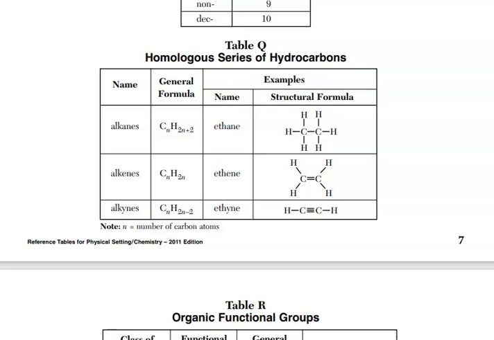So Eth for the three examples here in reference table Q. And then the endings are whether or not you have all single bonds, whether or not you have one double bond, or whether or not you have one triple bond. And with the choices, because I remember it back at the test, there's going to be one with an ENE ending, and that's going to be our answer.